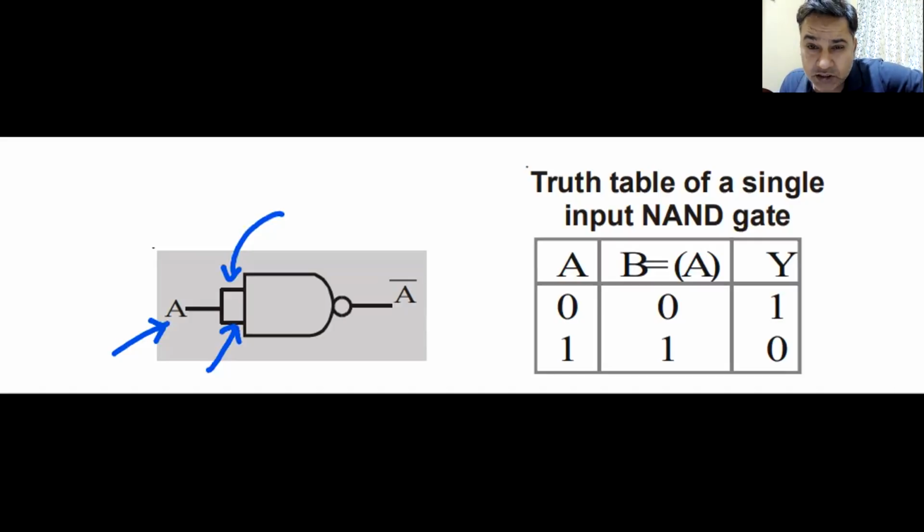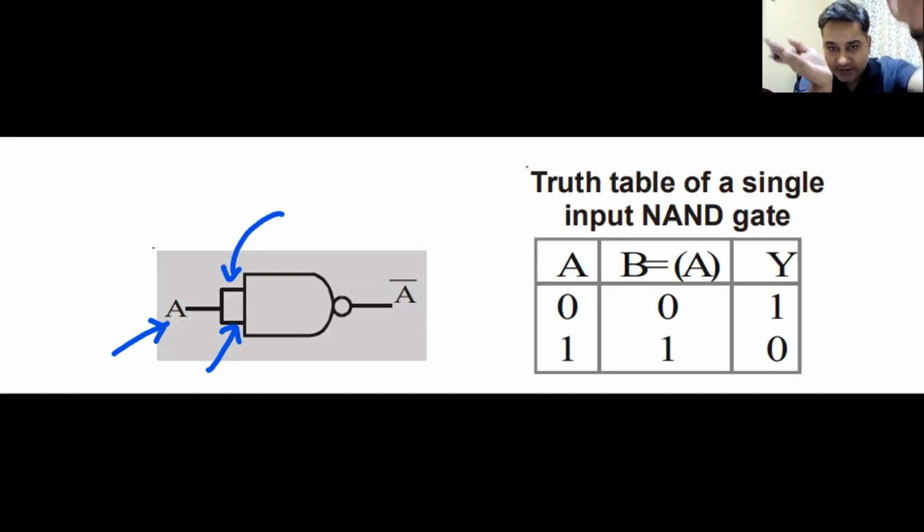That is how we make two inputs into one or one input into two. For a NOT gate, we only need one input. So what we have done? We have taken one input, broken it up into two, and then fed the two inputs into the NAND gate. Do we understand this? Yes, sir.